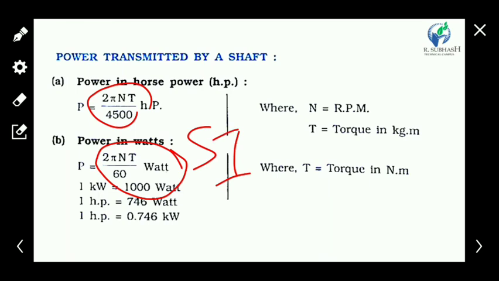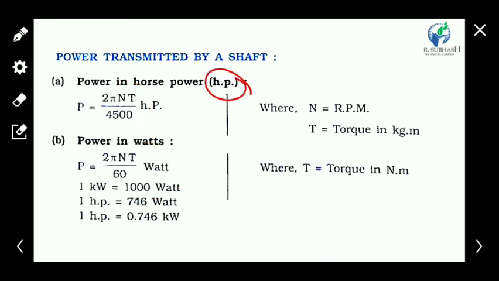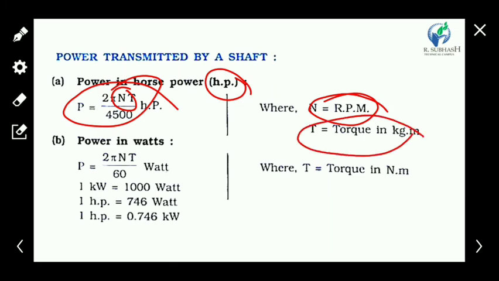If we have to find it in horsepower, then the equation becomes P equals 2 pi NT upon 4500, where capital N is the revolutions per minute and T is the torque in Newton meters, and for horsepower it's in kg meters.